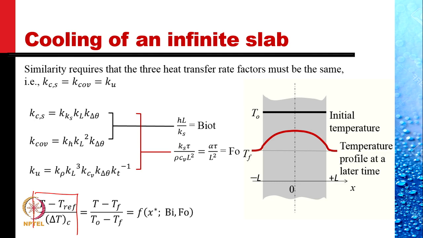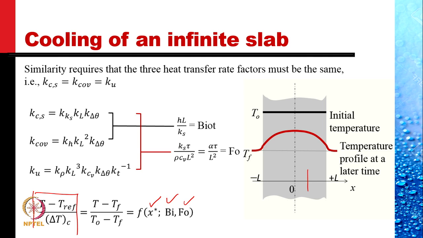The reference temperature is conveniently taken as the fluid temperature. So, this normalized dependent variable T minus Tf divided by the characteristic temperature difference T naught minus Tf is a function of the normalized independent variable x star, the location within the slab, and two parameters, Biot number and Fourier number.